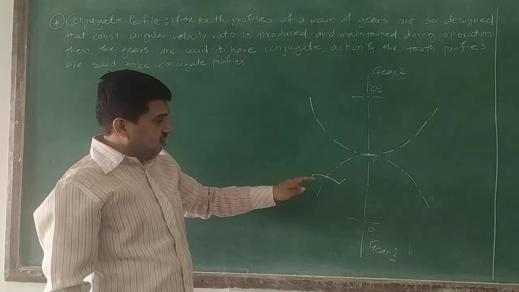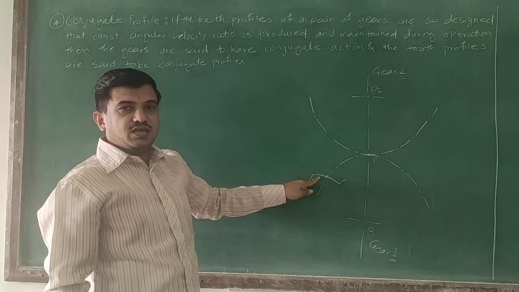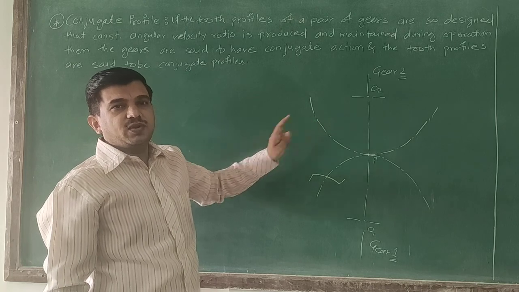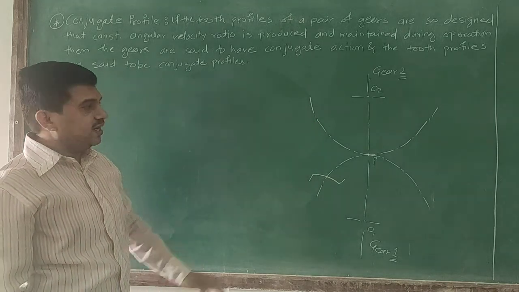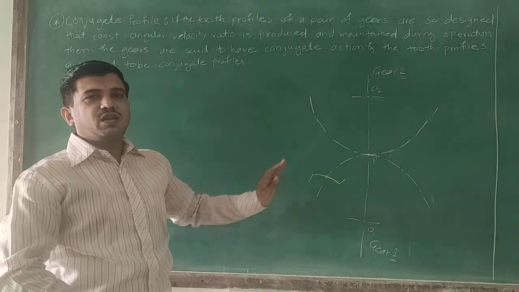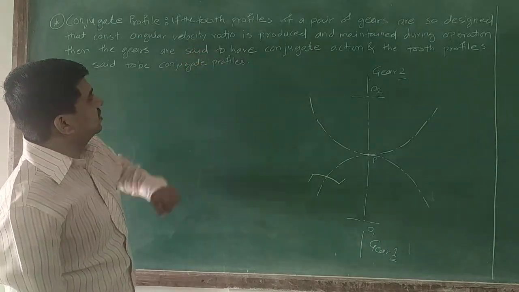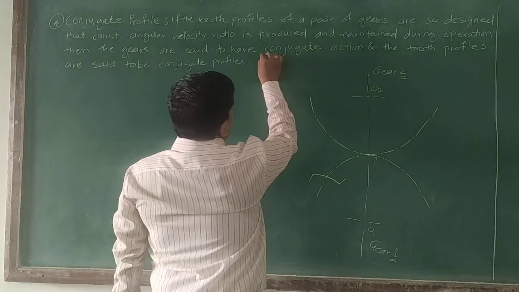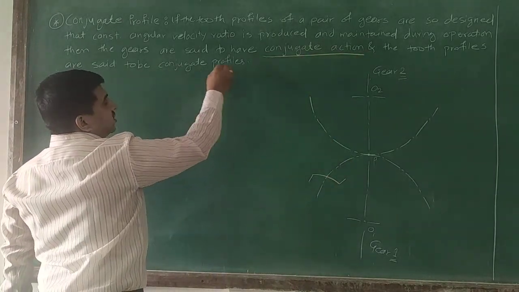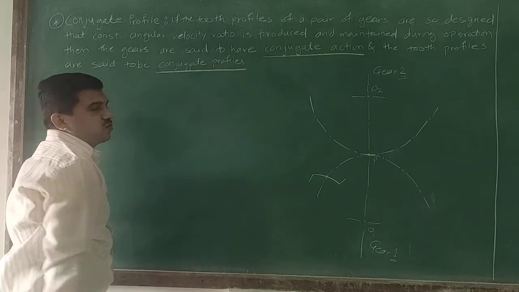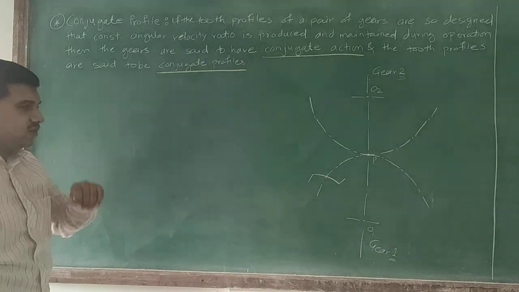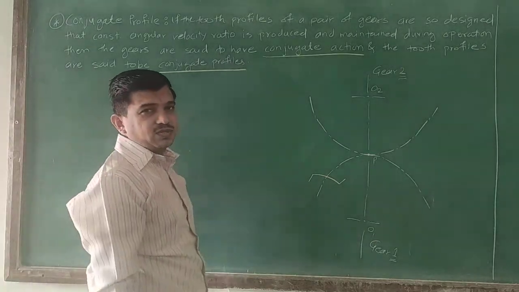Here we want a profile which will be a conjugate profile, so that whenever these two profiles are in mesh with each other, they will produce a conjugate action. Ultimately we want this conjugate action, and with the help of conjugate profiles only are we going to get it. Now I think you have understood the problem statement.